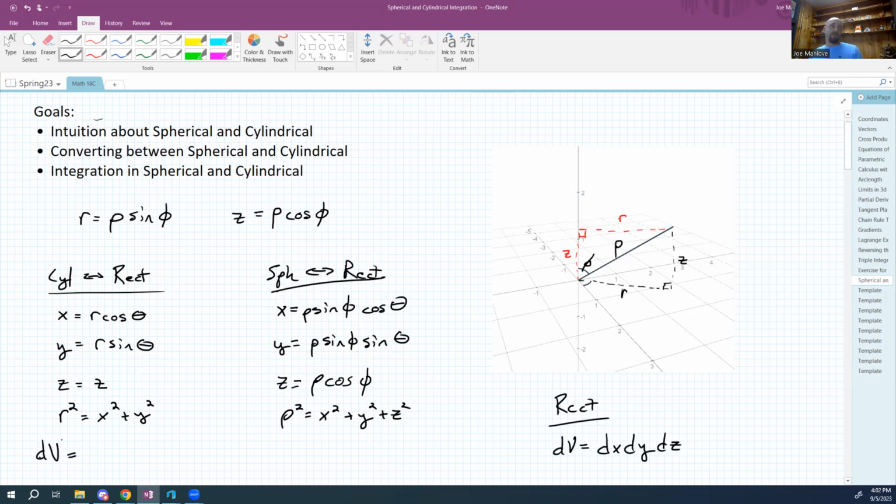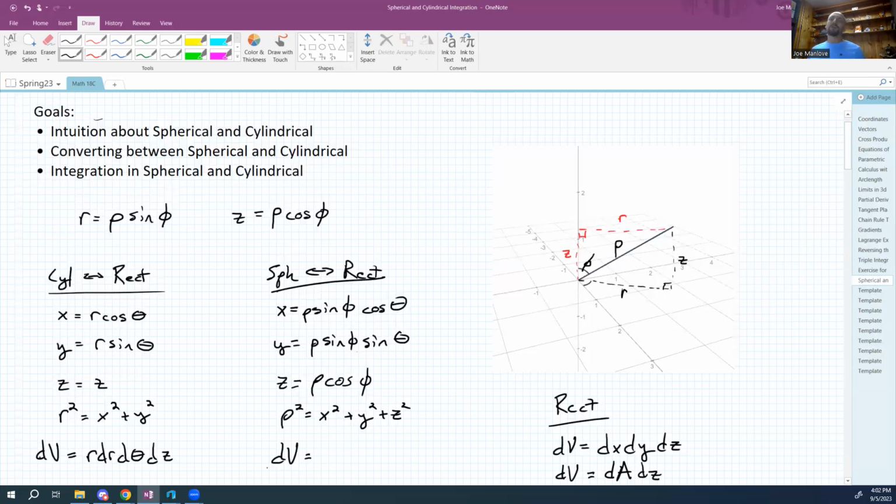The dV for cylindrical is actually pretty chill because I could look at d volume in rectangular and say, well, dx dy is actually d area. And then I could also do a dz after that, right? So a way I could write d volume in cylindrical would be to write polar area, which is r dr d theta, and then throw a dz on the back end for good measure. That'd be good enough.